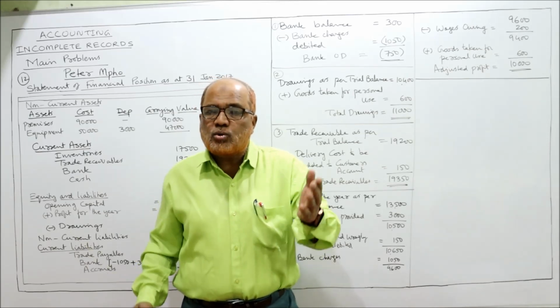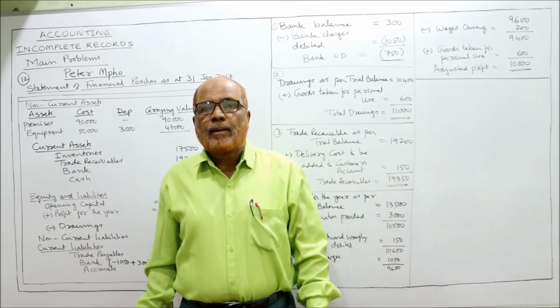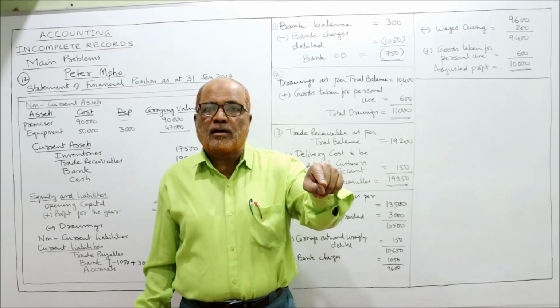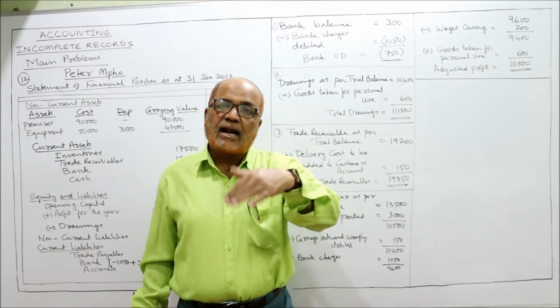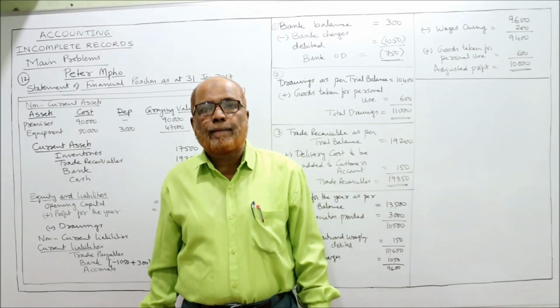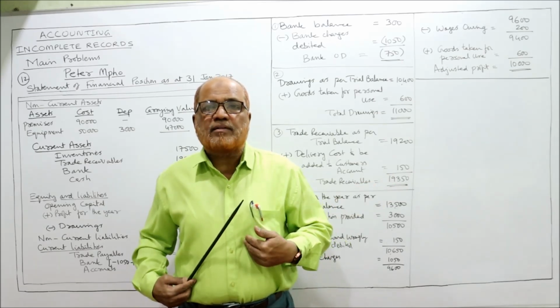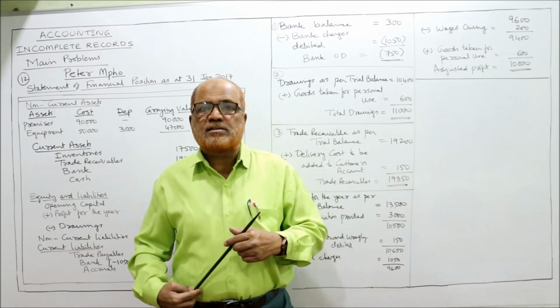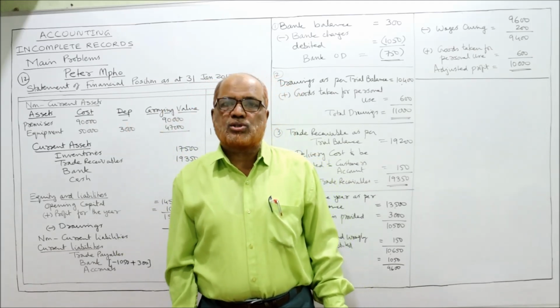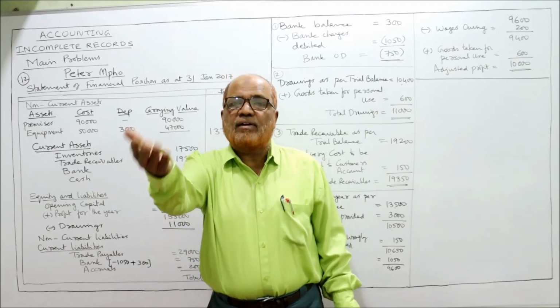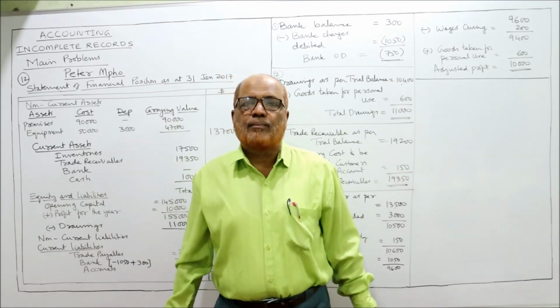So there is no need to charge carriage outward. By charging carriage outward, the profit has decreased. Now we have to add back $150 to the profit because it is not our expense. The customer has agreed to bear that delivery cost. So we have to add that $150 in the customer's account.